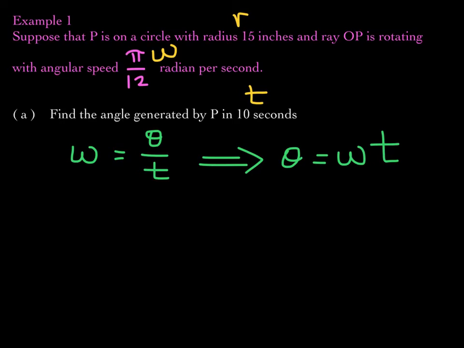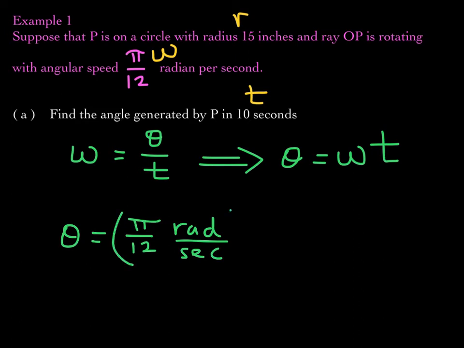Actually, I think it would be a good idea if I go back here and leave lots of room. Theta is equal to pi over 12 radians per second, that's omega, times 10 seconds, that's time.